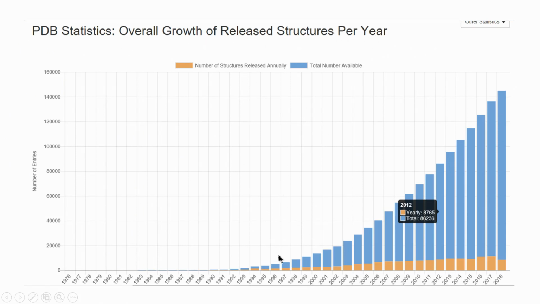You can see how exponentially it is increasing. Every year the number of protein structures getting deposited or available is getting higher and higher. So it is kind of an exponential growth in protein structures. This of course is the complete total, which includes all the techniques I showed you in the previous slide.